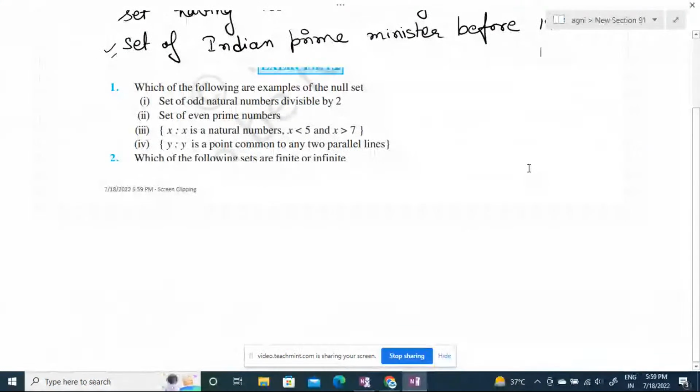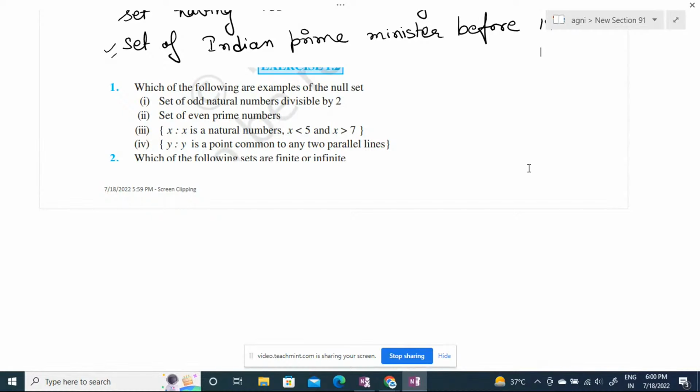Now this is question number 1. In the following, we have to find which are the examples of the null set. Now see the first one: the set of odd natural numbers divisible by 2. What are odd numbers? Odd numbers are the numbers which are not divisible by 2.